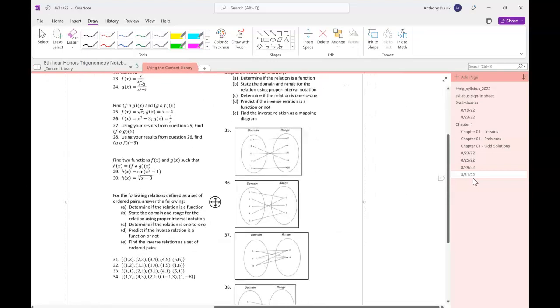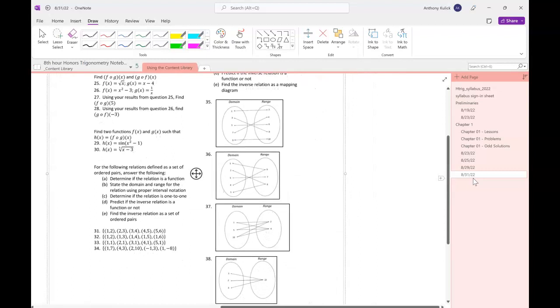So it says find two functions f and g such that the h of x given is the composition of the two functions. When I'm looking at one of these, I'm basically looking for an inner function and an outer function.